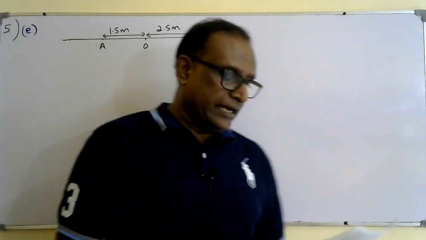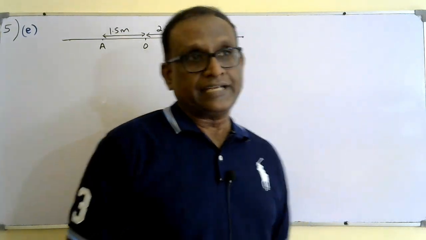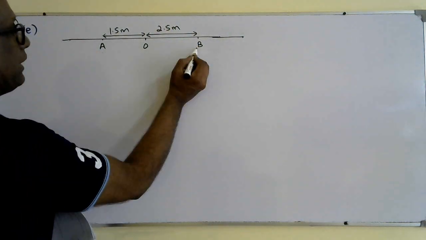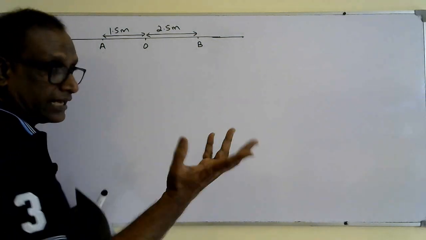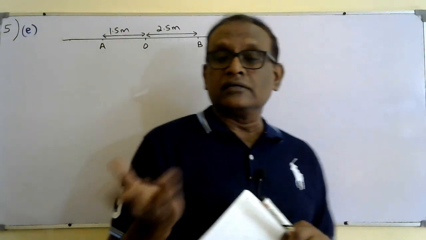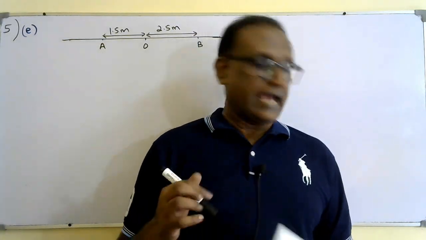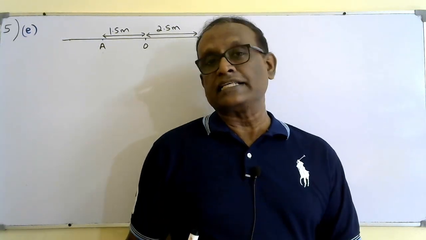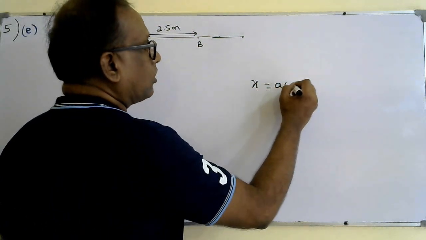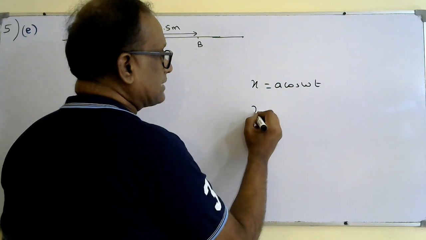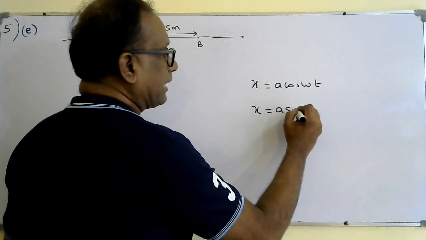Find the time taken by P to move directly from A to B. Okay, so there are two equations we have that relate the displacement and the time. One is x equals A cos omega t, the other one is x equals A sin omega t.